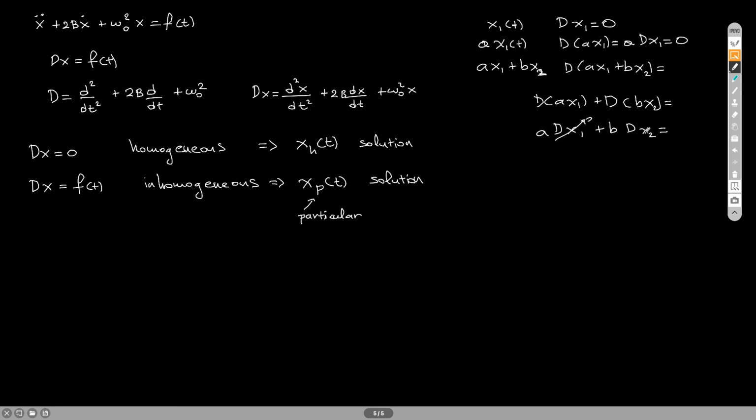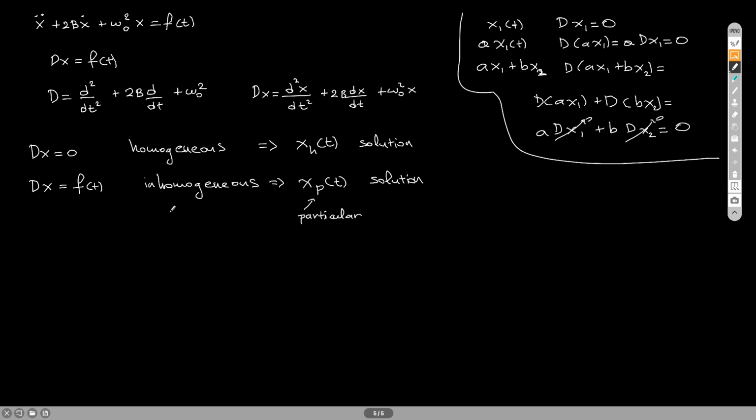Because this goes to 0 and this goes to 0, you end up getting 0, which means A x1 plus B x2 is also a solution to this differential equation. This is just a quick introduction to how you can use the differential operator to make your life a little bit easier.